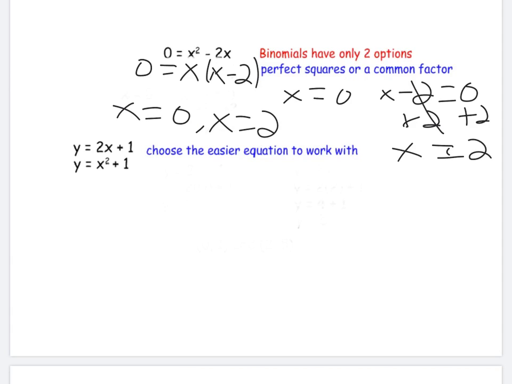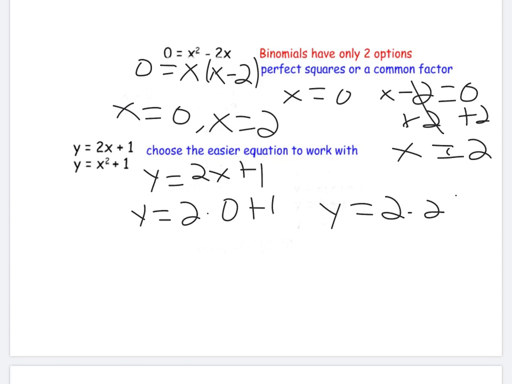Now I have to decide which equation I want to work with. Usually I choose the linear one because it's easier than the one with the exponents. So if I'm using the linear, I have y equals 2x plus 1. And every time there's an x in there, I have to substitute it with the values that we just came up with. So I would have y equals 2 times 0 plus 1 and y equals 2 times 2 plus 1. According to the order of operations, I would do the multiplication first.